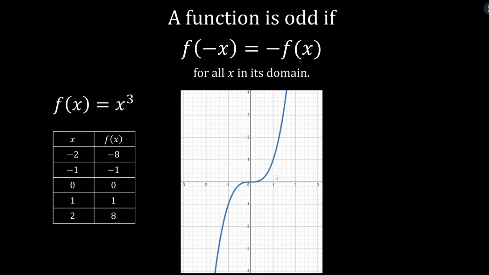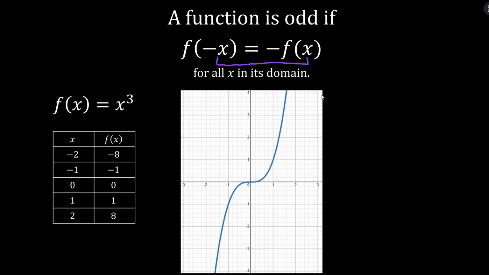So now let's see if we can relate this to the formal definition, which again uses function notation. A function is odd if f of negative x equals negative f of x for all x in its domain. So similar to even, we're seeing these inputs as being opposite signs, right? So I'm relating two inputs that are of opposite sign.